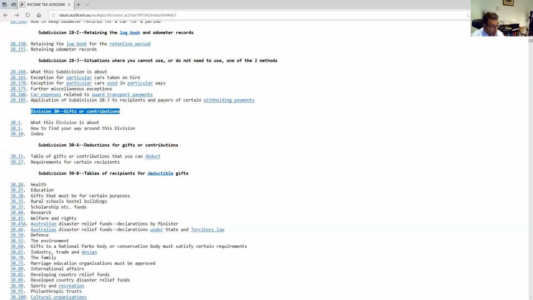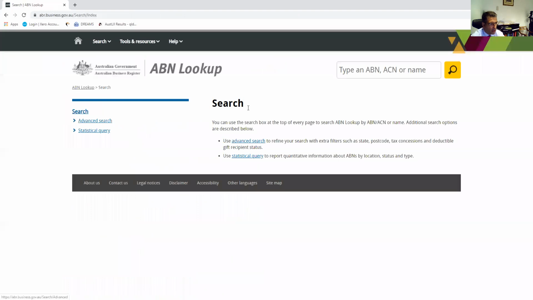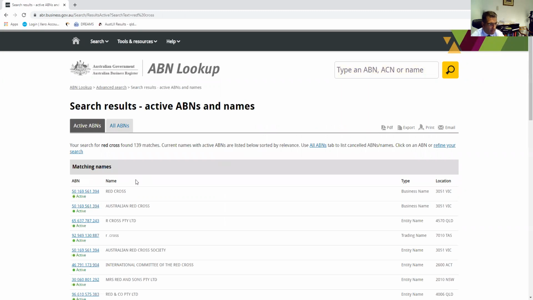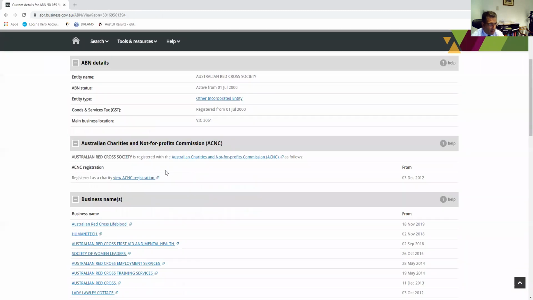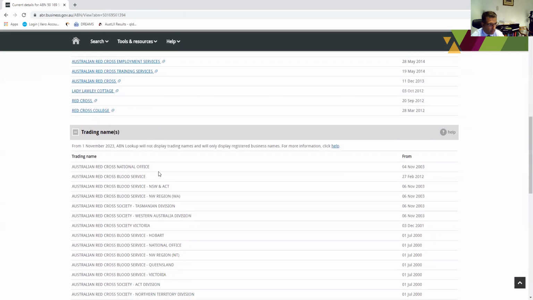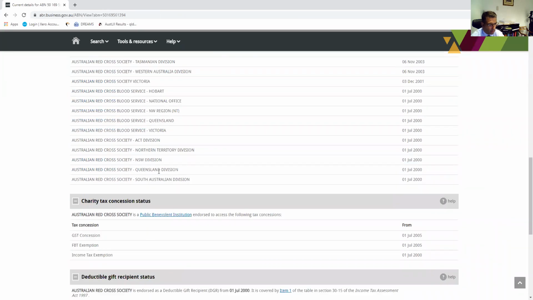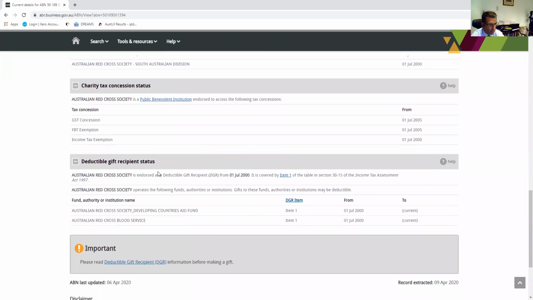So if we go to ABN lookup and type in Red Cross, Australian Red Cross, and we go down here, you'll see Australian Red Cross Society is endorsed as a deductible gift recipient from 1 July 2000.